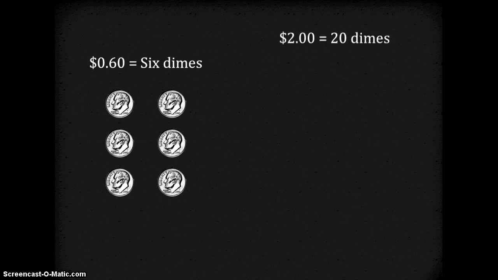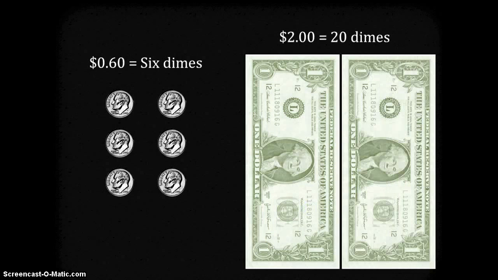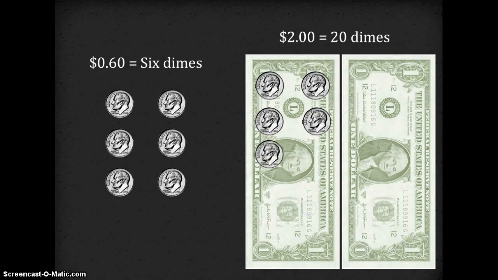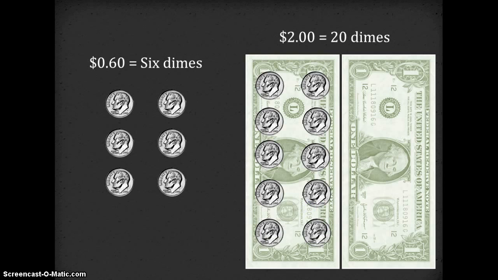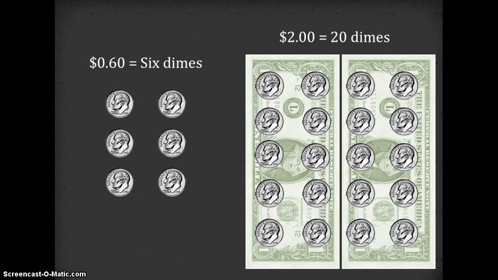So $2 would be equal to 20 dimes. 1, 2, 3, and so on up to 20. So just by looking at our two piles of dimes, we know that Katie can't buy a whole pound of candy because 6 is far less than 20.